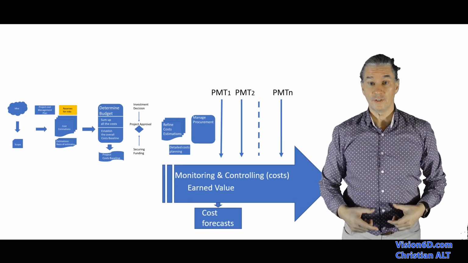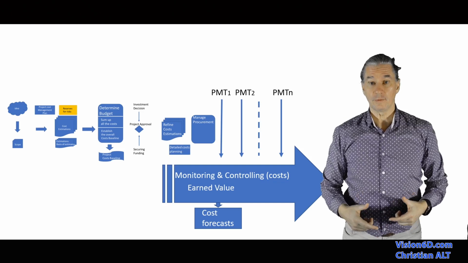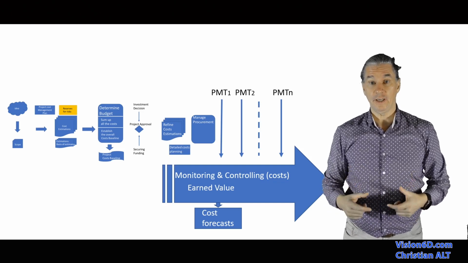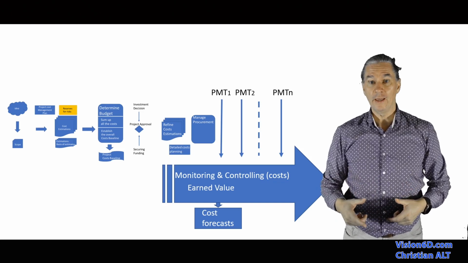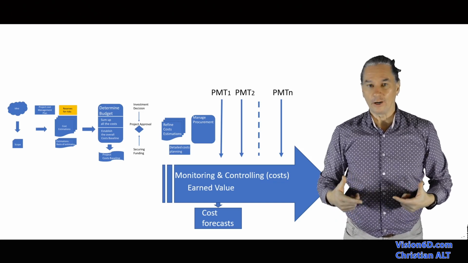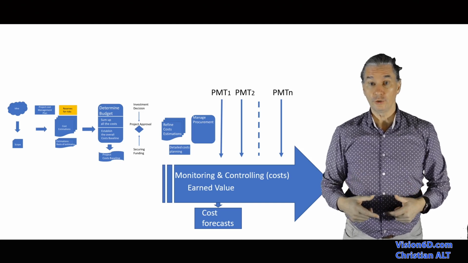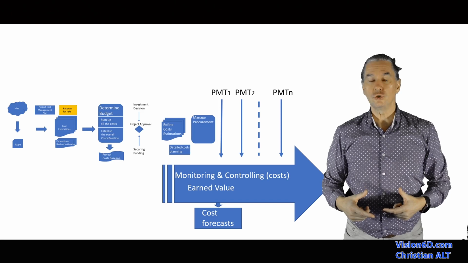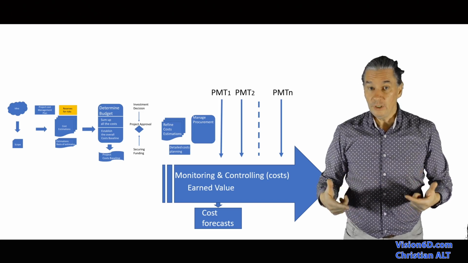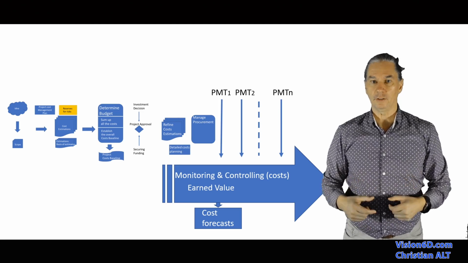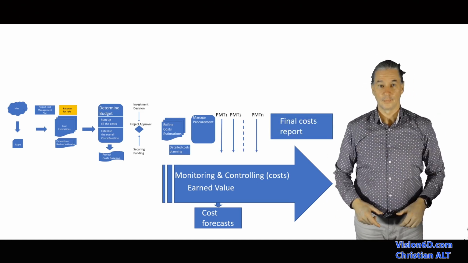While the project is going ahead, the project manager will look at the costs, consolidate the cost information and prepare reports. He will look if there are variances compared to the baseline of the costs. If there are too big variances, he will be in charge of intervening in the project and correcting the situation.